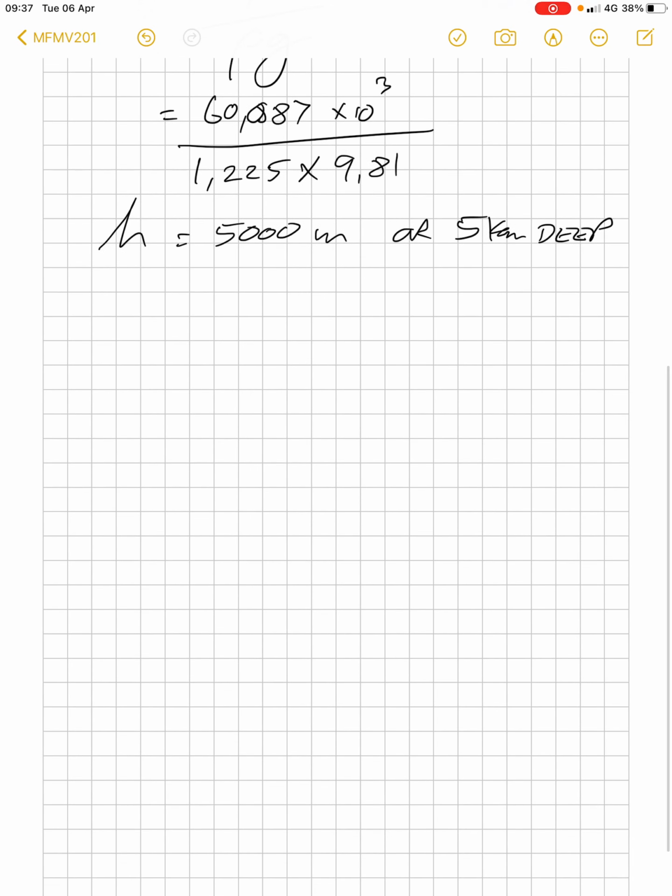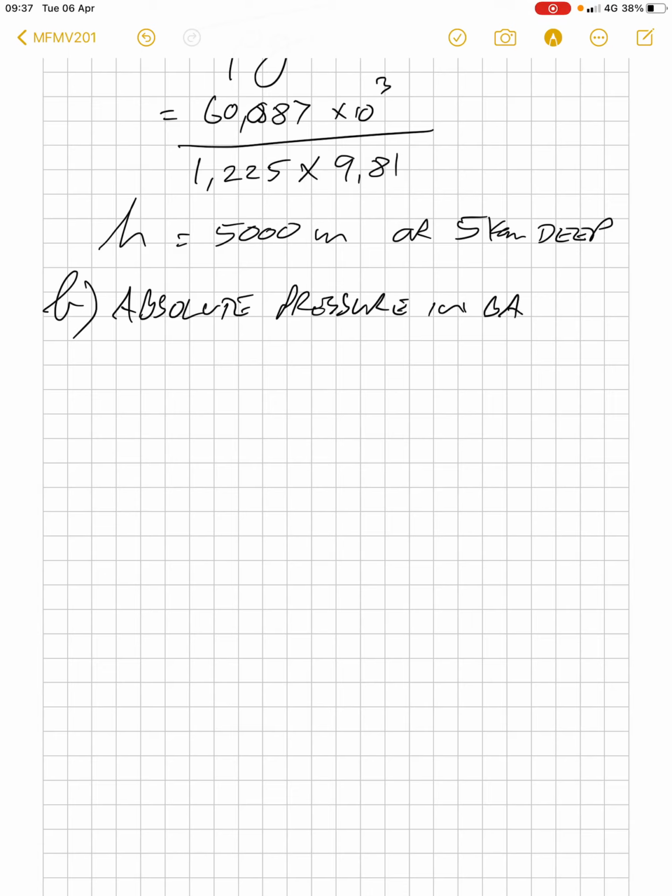Alright, so this is B. Absolute pressure in bar, 150 meters below the sea surface. Right, so we know that h is equal to 150 meters.